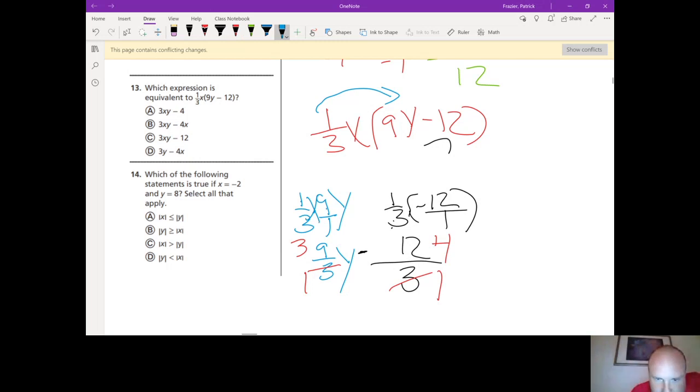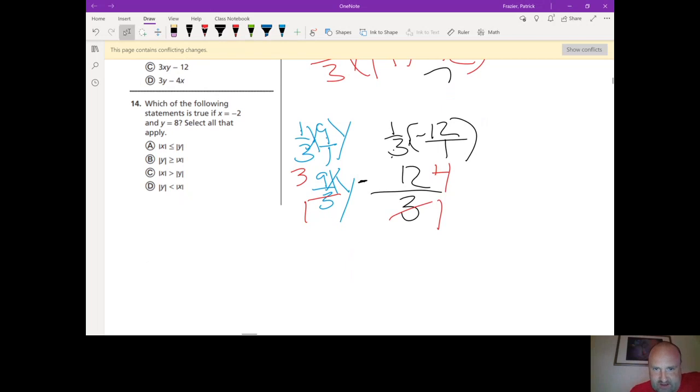So when we do the 1/3 times 9y, we're just going to have 9/3 xy, and then that's going to simplify to just 3xy minus, that 3 is gone, minus 4.